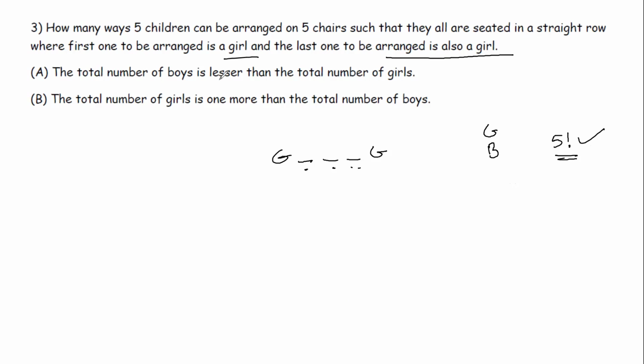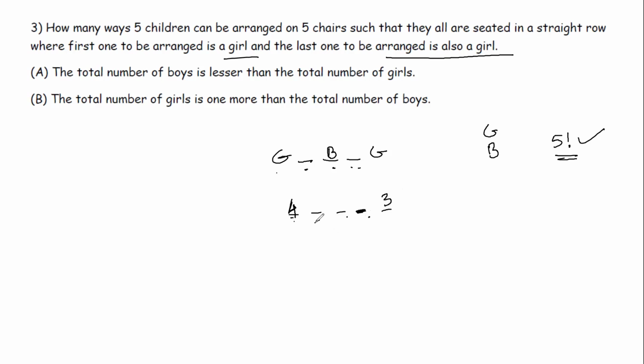Total number of boys is lesser than the total number of girls. So let's say there's one boy and there are 4 girls. Then we have 4 options here because there are 4 girls, then 3, and so 4 and 3 is there.